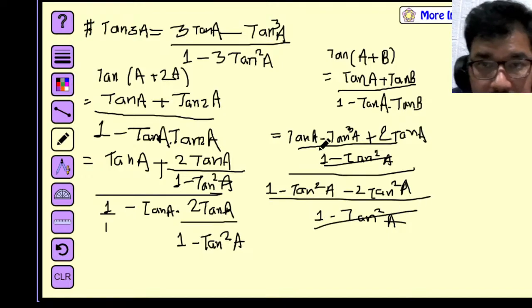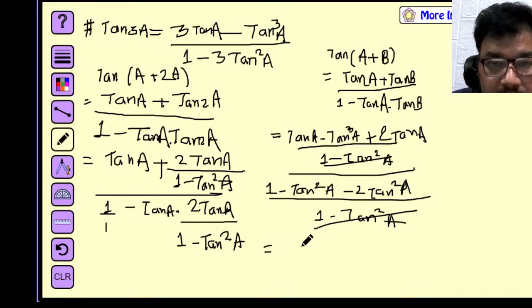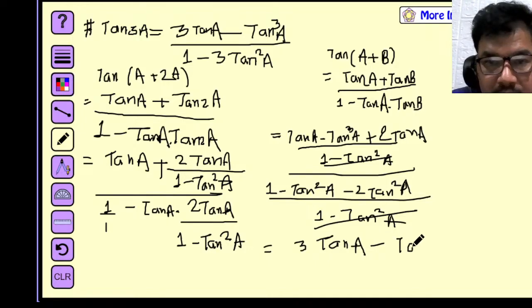What remains up is tan A and 2 tan A, which gives 3 tan A, and minus tan cube A.